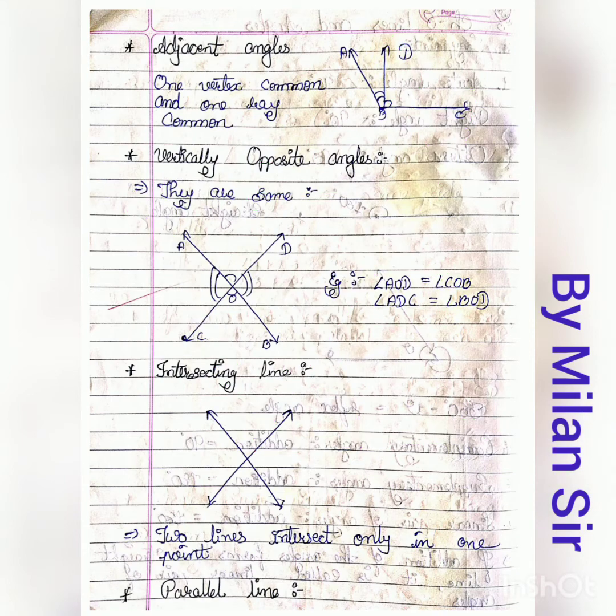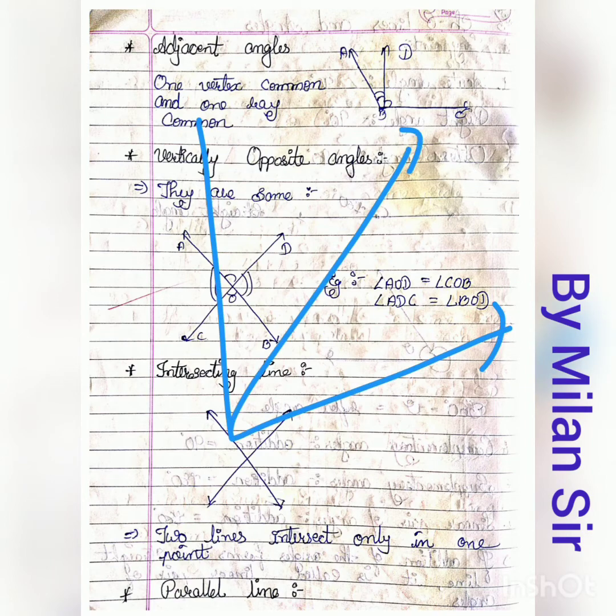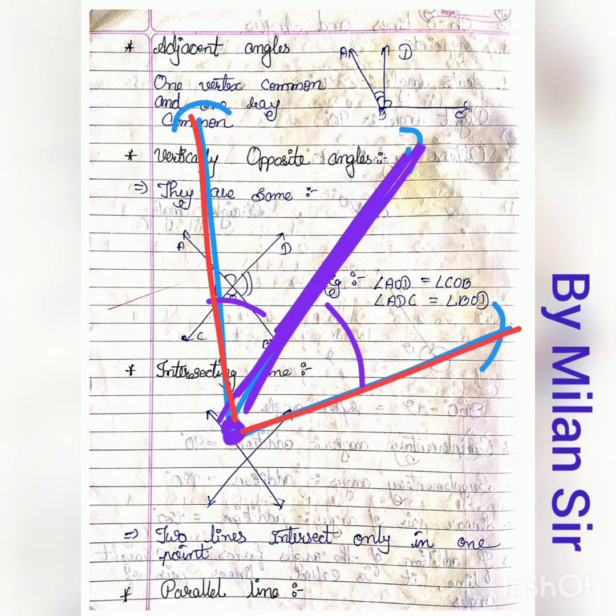Again I repeat these conditions. These two are adjacent angles. The first condition is one common vertex, and one common ray which lies in both angles. After that, the non-common arms are on either side of the common arm, that means one on the upper side and one on the lower side, in opposite sides.